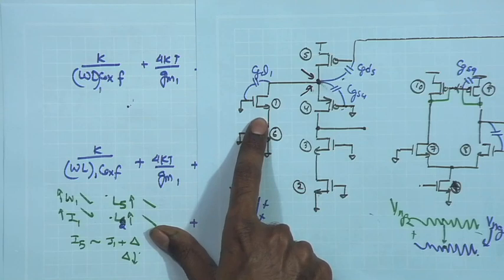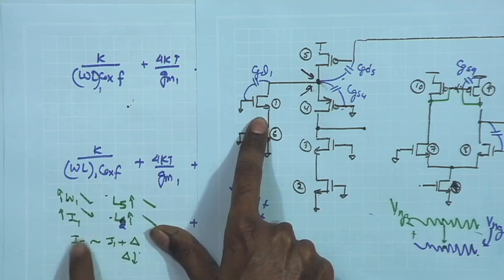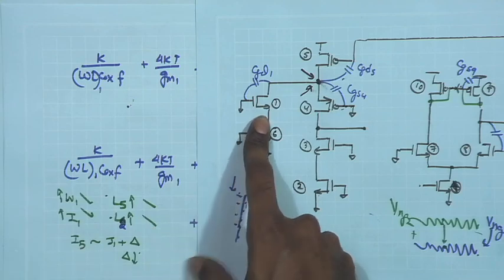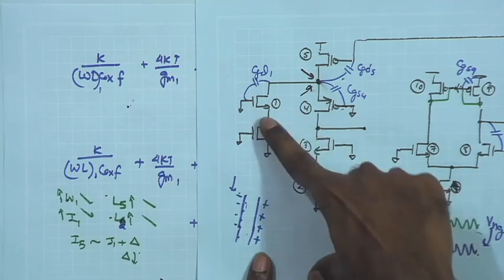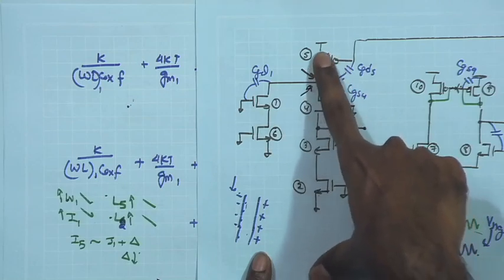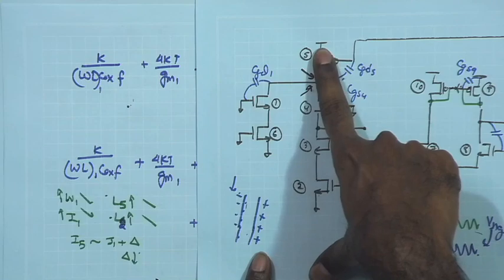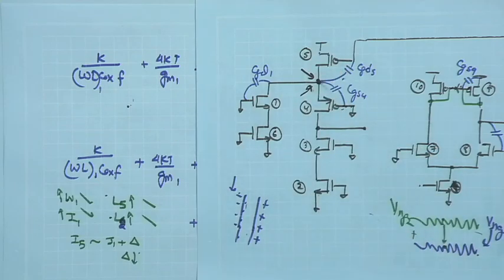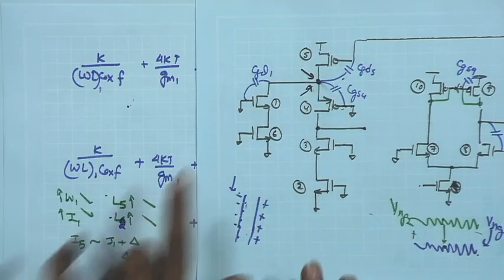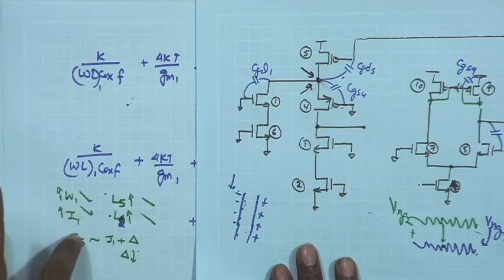It is also going to help in reducing the overall input referred noise. Here, if you increase the current, of course, it also reduces the RO of M5, but that can be compensated if you have a significantly larger channel length for M5. So, at least for the noise, definitely I would like to bet on the I1.